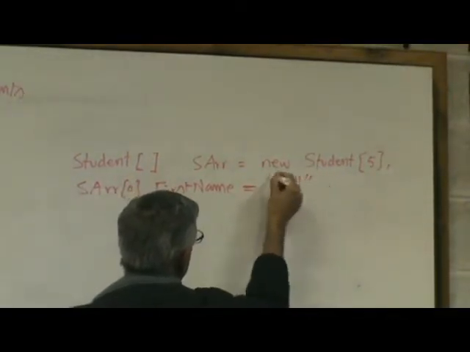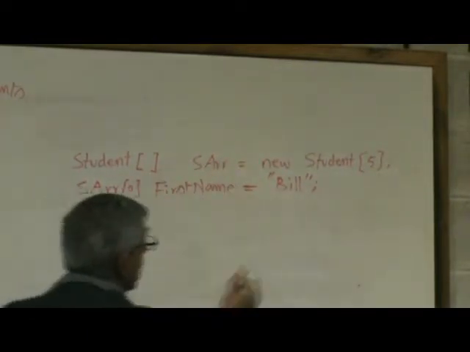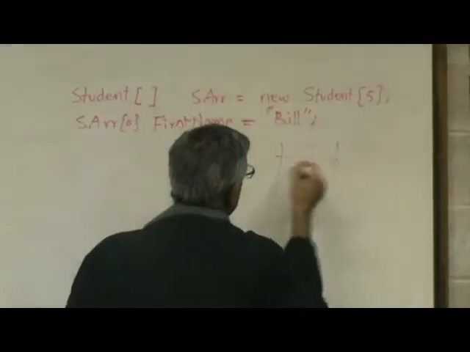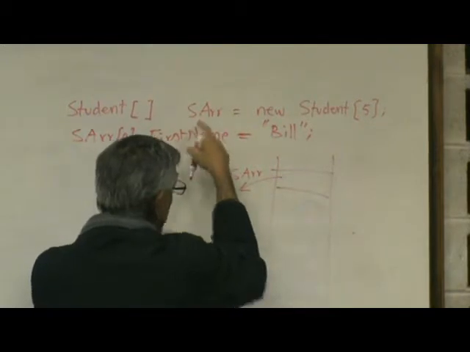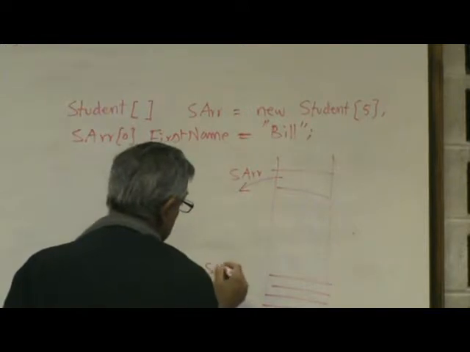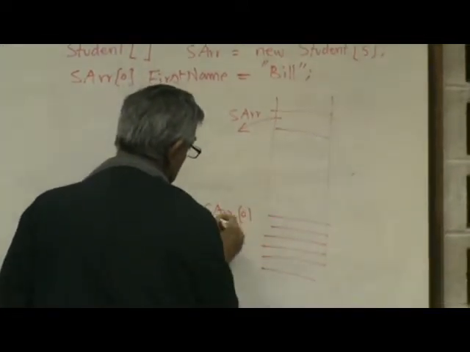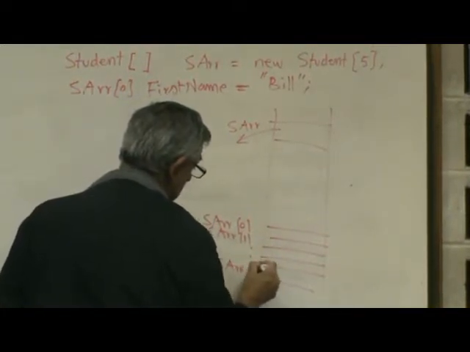Okay. If you go to the computer, try running it, you will get a null pointer exception, or null reference exception. And the reason is because there's no memory for the first name. Remember what did the first line do over here? The first line simply created an array called S array, right? So that's a reference. And then in the heap, we allocated S array of 0, S array of 1, okay, and so on, S array of 4.